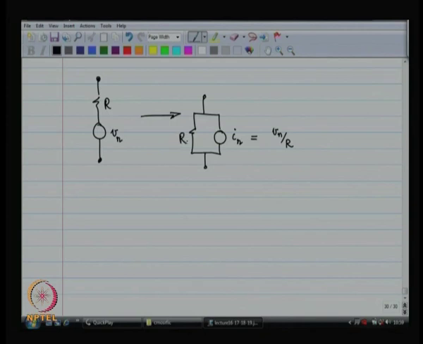And if the mean squared noise voltage is Vn squared, then the mean squared noise current is going to be Vn squared by R squared.